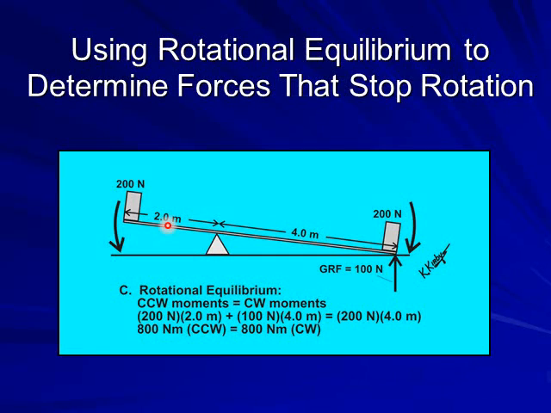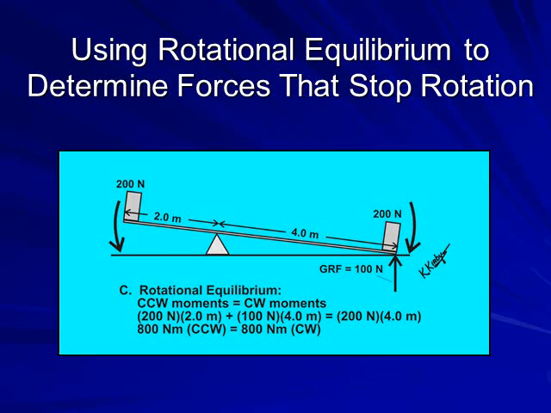So we have a balance of 400 newton meters in order to produce an equilibrium, and that must come from a ground reaction force of 100 newtons acting over the 4 meter distance to produce the extra 400 newton meters of counterclockwise moments that must be required in order to maintain equilibrium of the seesaw board.